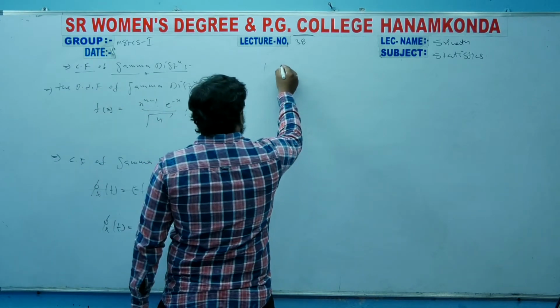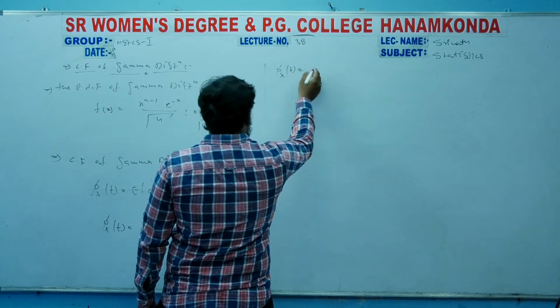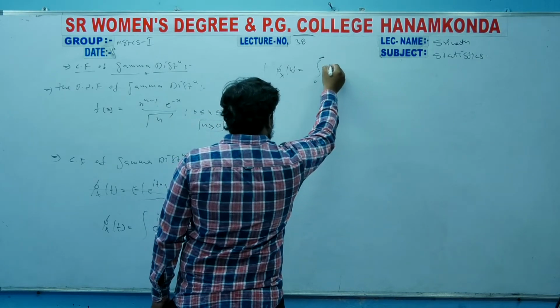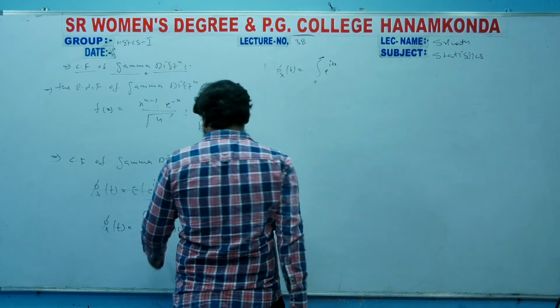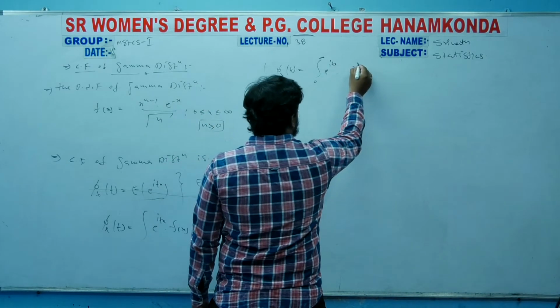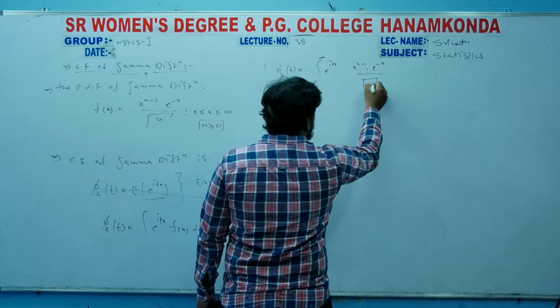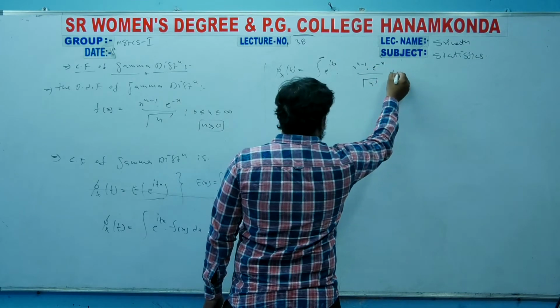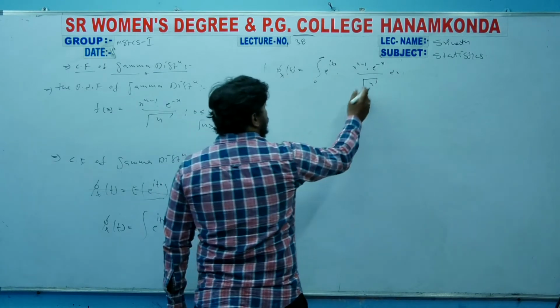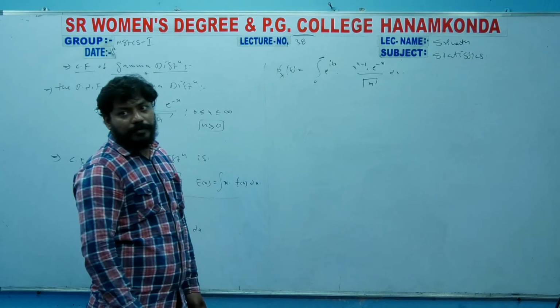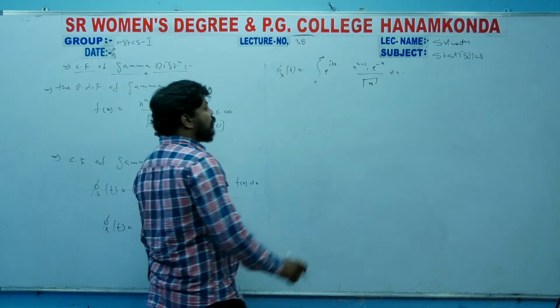So here phi x of t is equal to integration 0 to infinity e power itx into f of x, that is x power n minus 1 into e power minus x by gamma n, dx. So gamma n is the constant term, we can write it out of the integration.